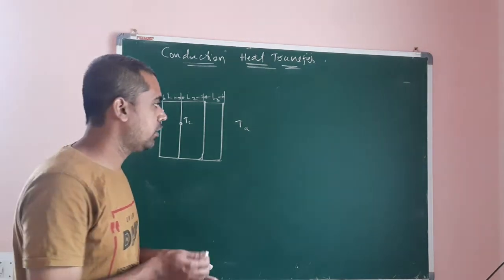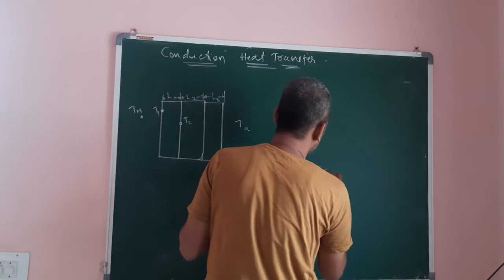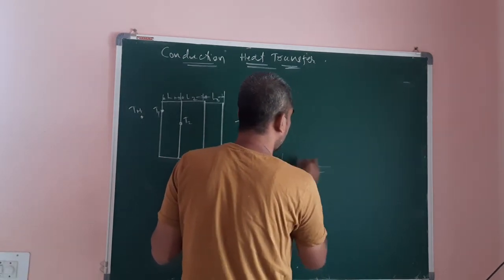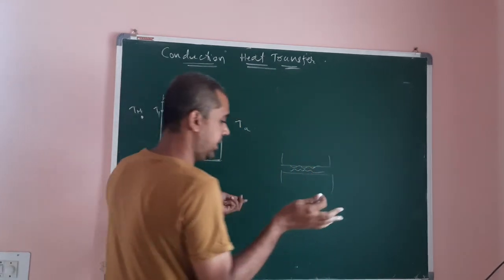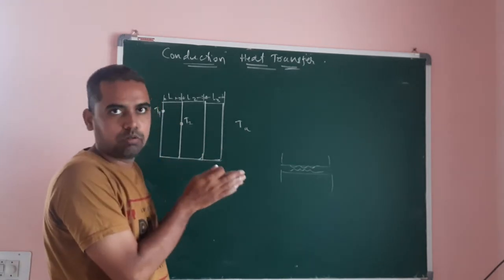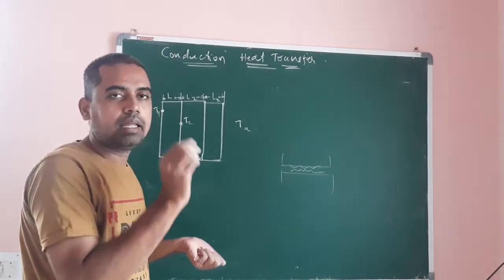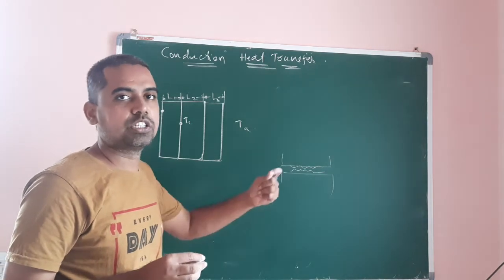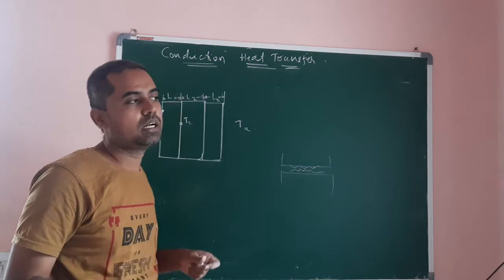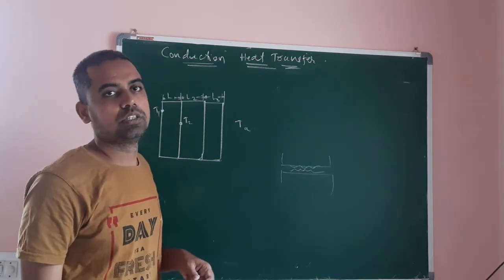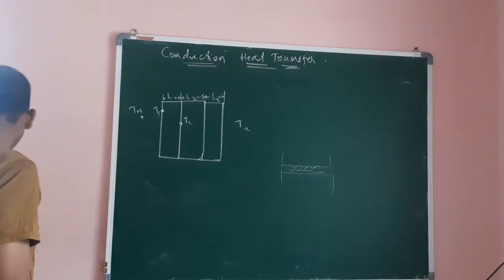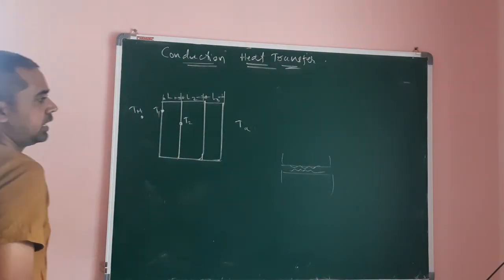If you take the contact of 2 surfaces at a microscopic level, there will be some gaps. Due to that air gap, there will again be resistance for the heat to flow. That is sometimes considered and is called thermal contact resistance. Here let us not consider that; we will discuss thermal contact resistance further later.